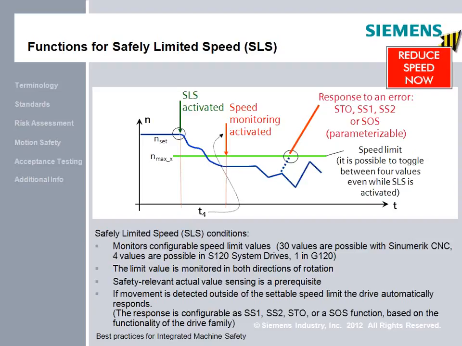So no matter what happens, as a failure or a machine operator turning the feed rate override to 150%, whatever the case may be, in my imaginary machine with the operator door open, when I'm exposed to the risk, my safe limited speed is set at 1 meter per minute, and if that axis exceeds that speed for any reason, the safety system will bring that axis to a stop. So I've met the intent of my risk assessment to only allow the axis to move at that pre-configured maximum speed.